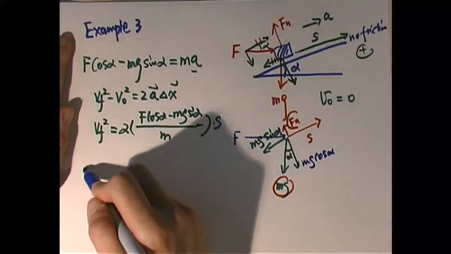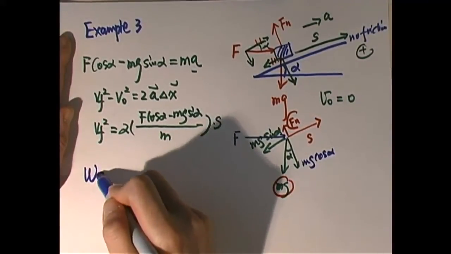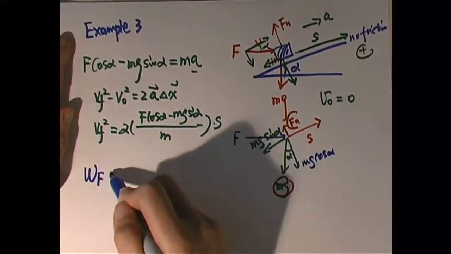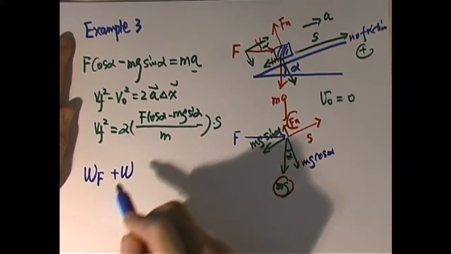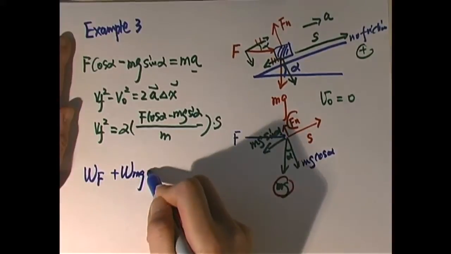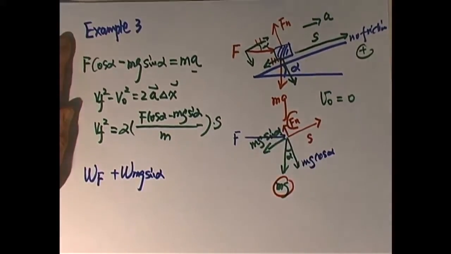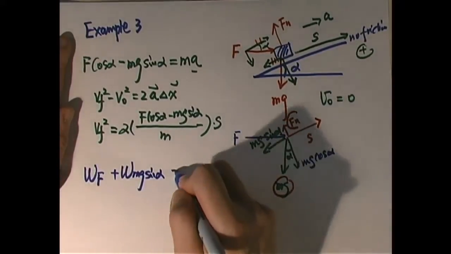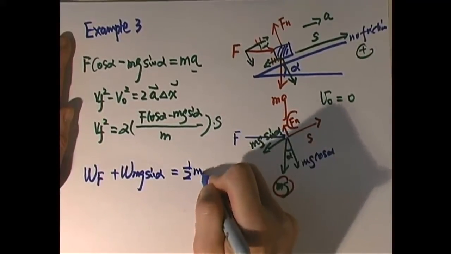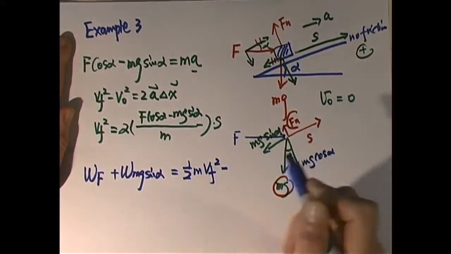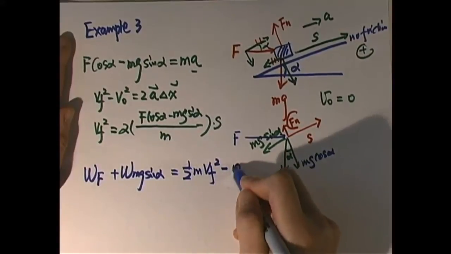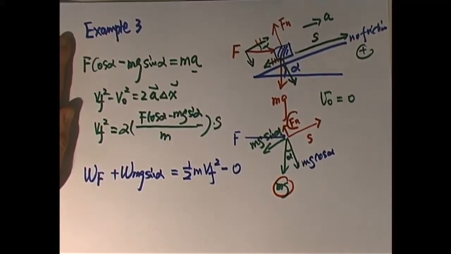So the work done is from F, the force that pushes it, plus the partial gravity, which is the mg sine alpha portion. Normal force doesn't do work. The mg cosine alpha portion doesn't do work. That equals 1/2 m v final square minus initial velocity 0, so minus 0.